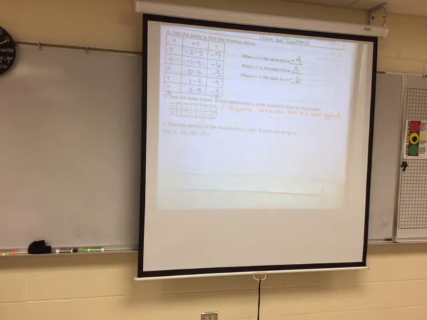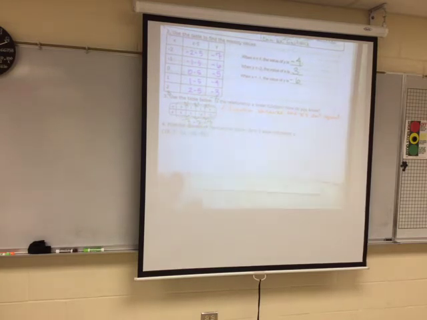So, yes, because all of my x values increase by 1, increase by 1, increase by 1. What about my y values? From 8 to 1, that's a decrease by how much? 7. From 1 to negative 6, that's a decrease by 7. And negative 6 to negative 13, that's a decrease by 7.